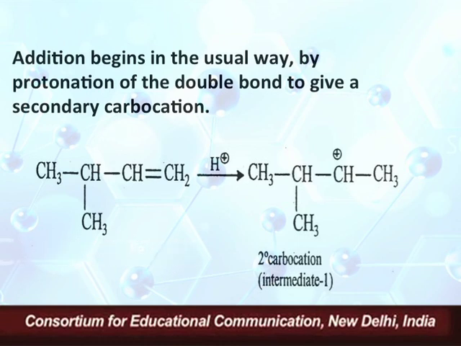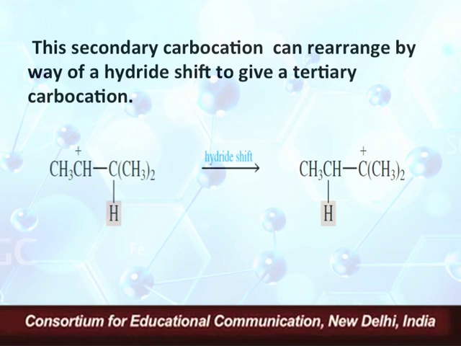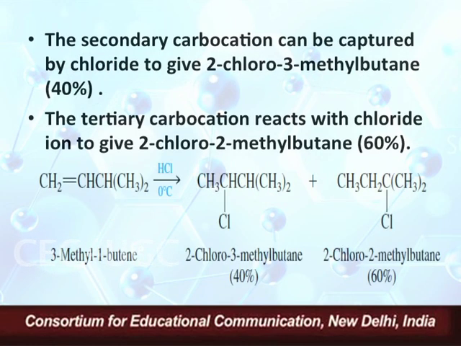Now, as I've shown, the secondary carbocation undergoes a hydride shift to give a tertiary carbocation, since a tertiary carbocation is more stable than a secondary carbocation, and this tertiary carbocation then reacts with HCl to give us 2-chloro-2-methyl-butane in 60% yield and 2-chloro-3-methyl-butane in 40% yield.